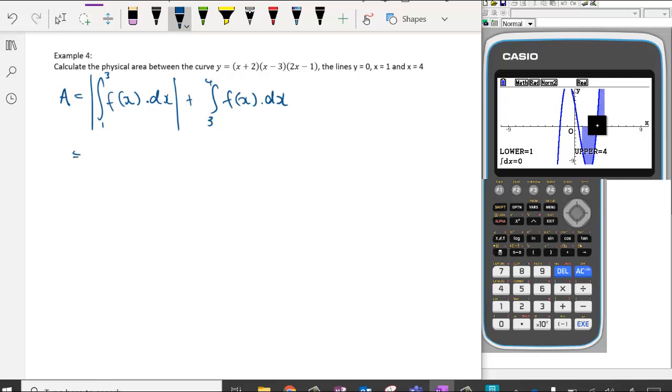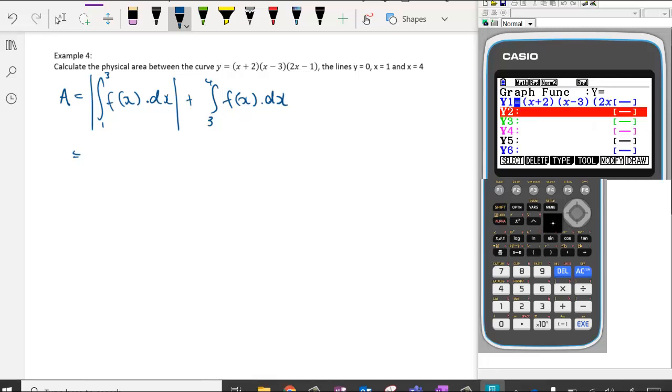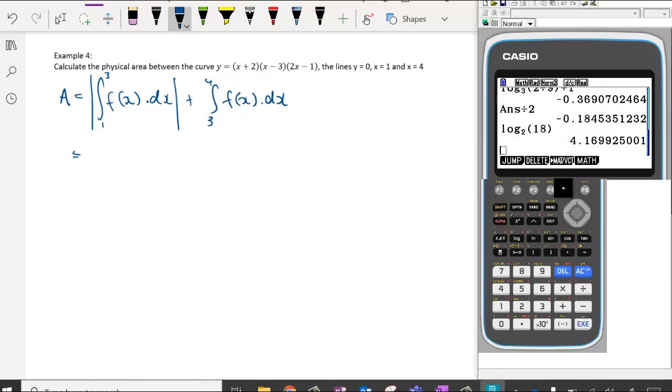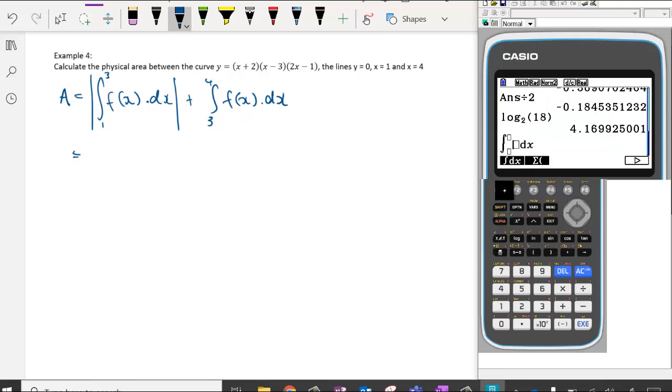Okay, so to do this one by hand, we'd have to expand out and simplify. I'm going to do this on my calculator just to show you how to do that. So we're going to say math integral, and our function is in y1. So if we go vars, we're looking at graph, and we want y1.